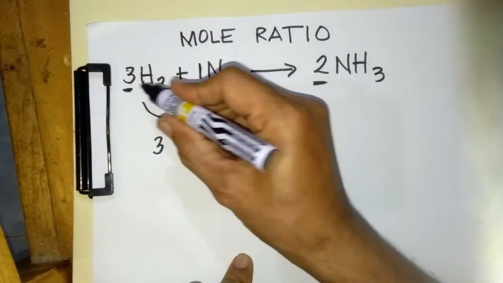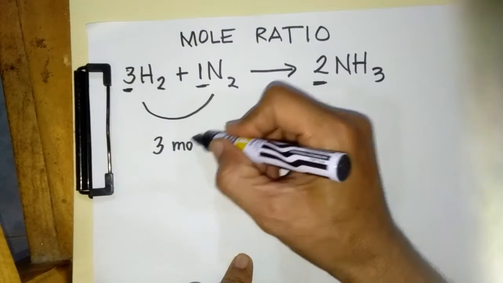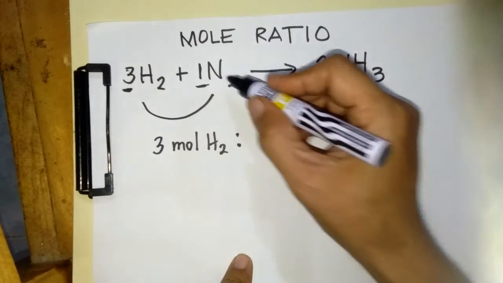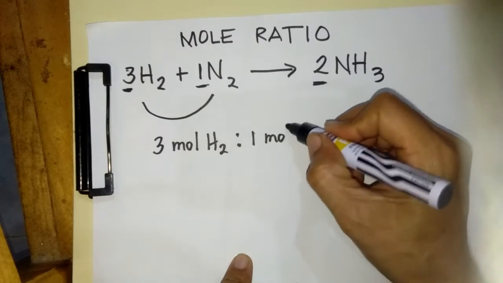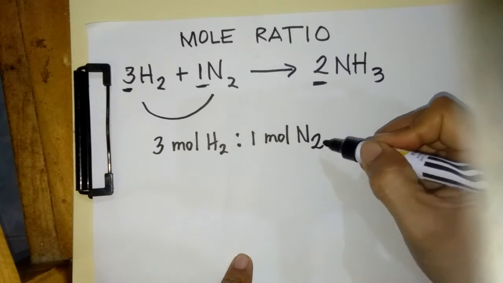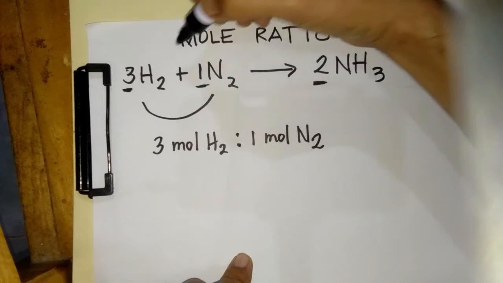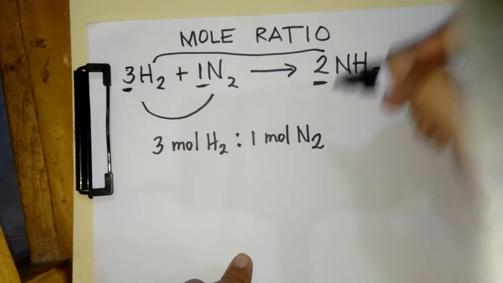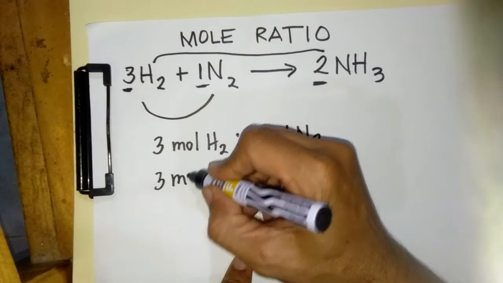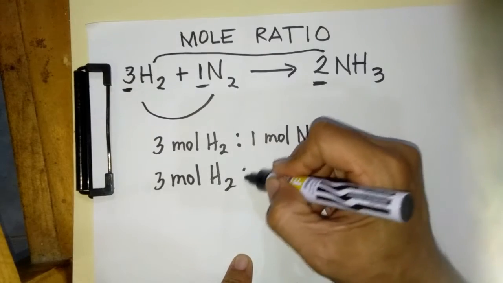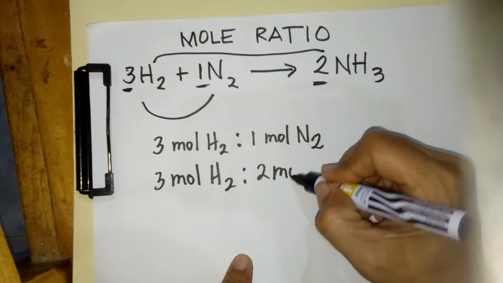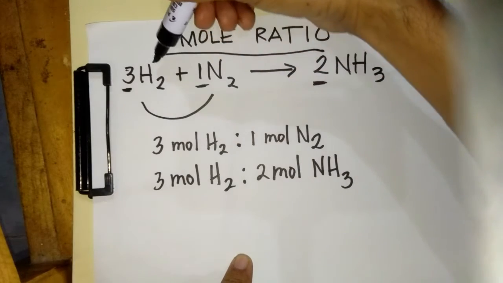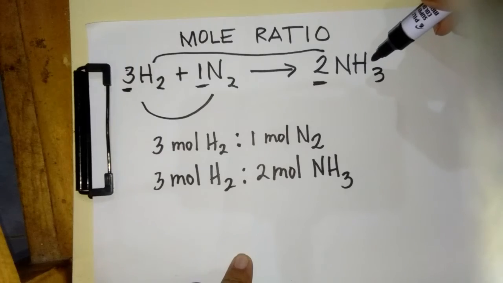So 3 and 1 are the coefficients. 3 moles of H2 is to 1 mole of N2. Another one is 3 moles of H2 is to 2 moles of NH3.